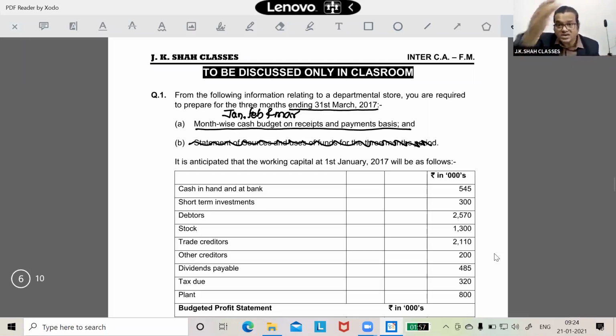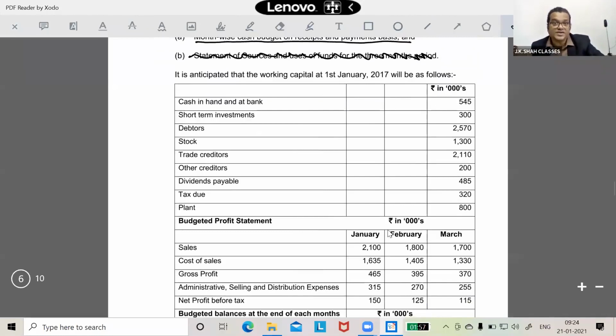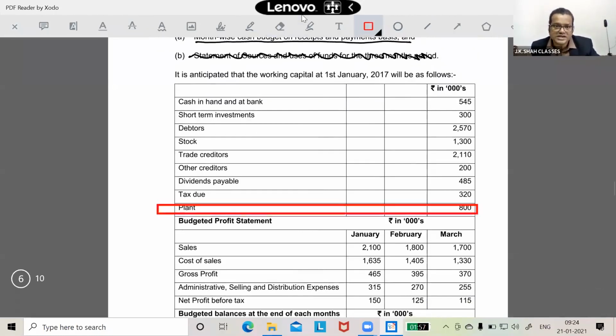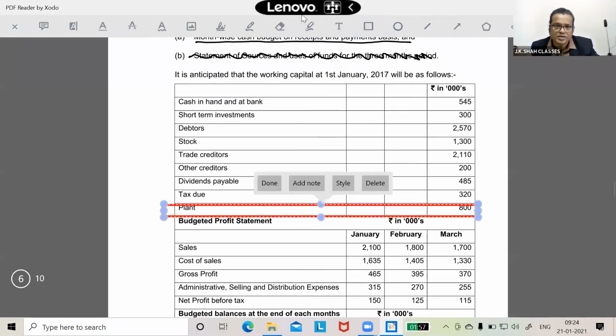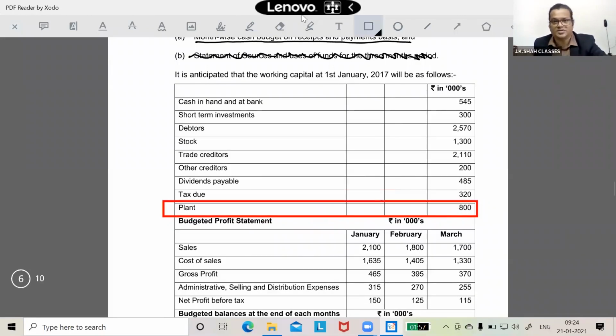And then if you compare this question with our classwork question, you feel, sir, it is the same, with the numbers it is the same. It is the same question, guys. So where is the difference? The difference is here. In the first block, you would not have seen this plant value.